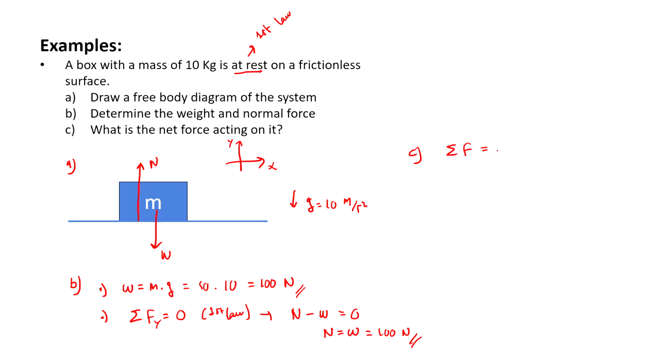The net force is equal to 0 because there's no motion, which can be represented that there's no acceleration in here. Okay, I guess it's enough for the first question.